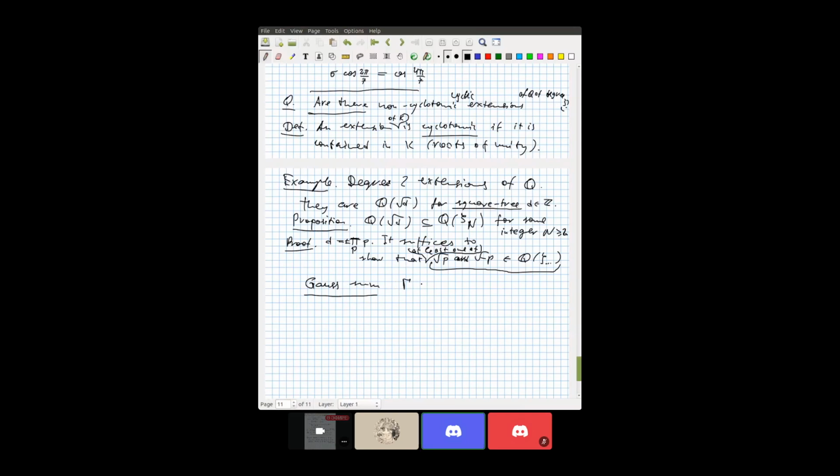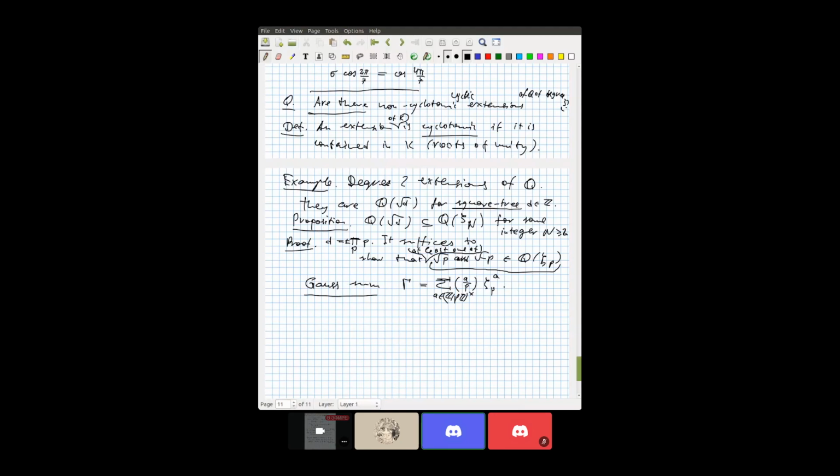Gamma will be a sum over all invertible residues modulo p, a in Z mod p, of the Legendre symbol times a primitive p-th root of unity, ζ_p to the a.